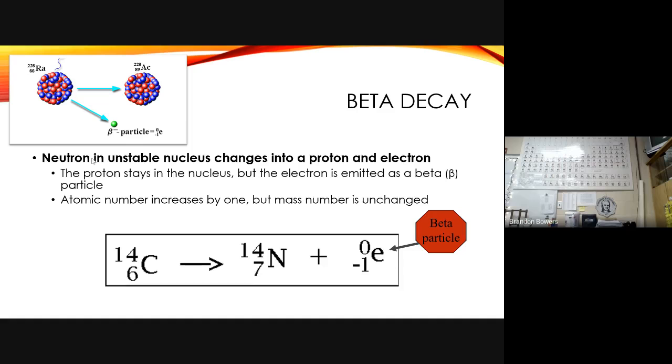No, I'm not. Because gamma is a 0, 0, γ. Gamma is 0, 0. There's no mass. There's no charge. So how in the world do we know gamma's even there? That's the question. The only reason we know is how deep it penetrates.